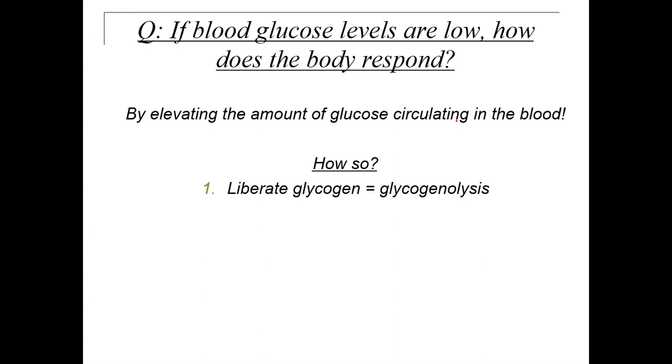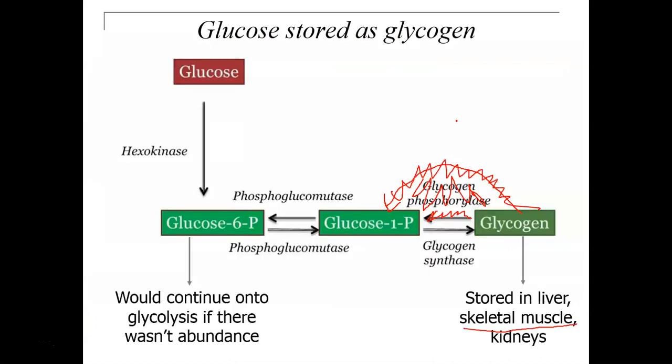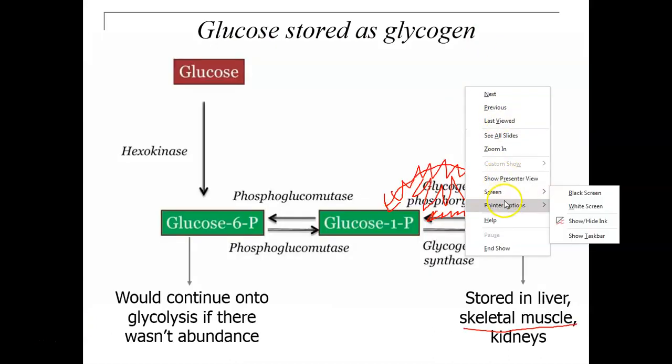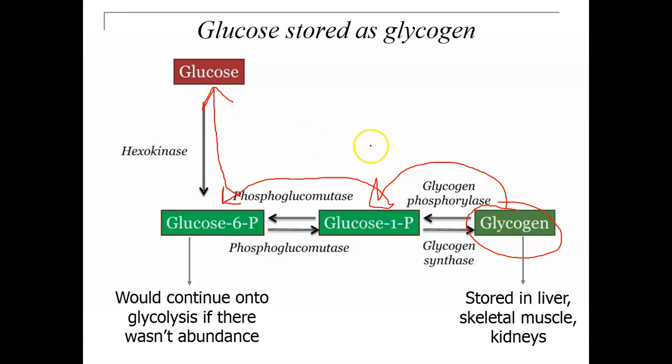A moment ago, we talked about how the hormone glucagon can cause glycogen to get converted back into glucose 1-phosphate, back into glucose 6-phosphate, and then eventually back into glucose. So can epinephrine.